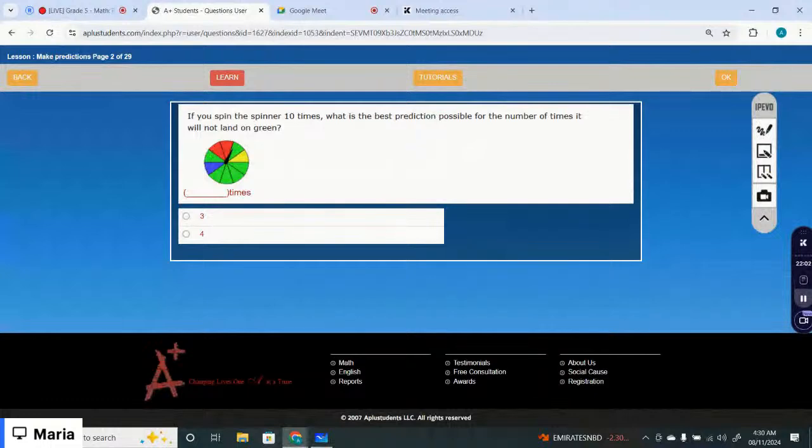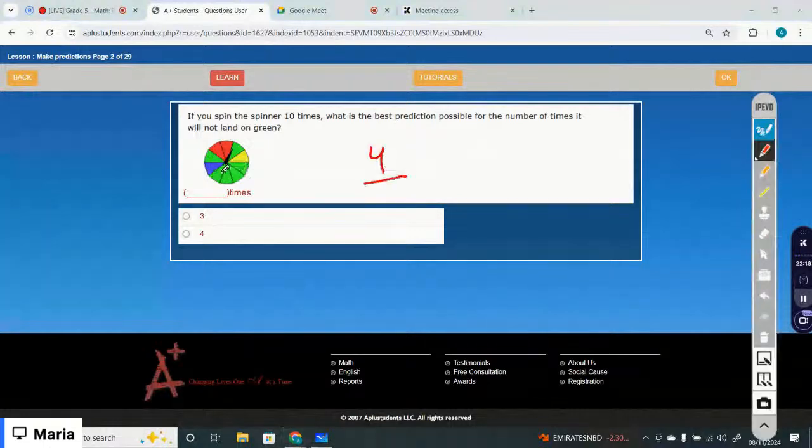If you spin the spinner 10 times, what is the best prediction possible for the number of times it will not land on green? Not land on green means the other colors, right? They are 1, 2, 3, 4 out of 10. You did that 10 times. So 10 and 10 cancel out.